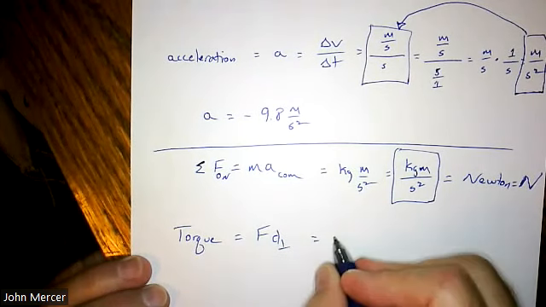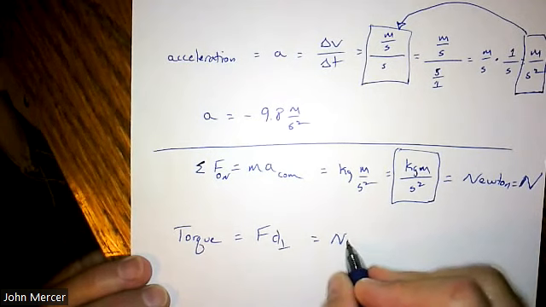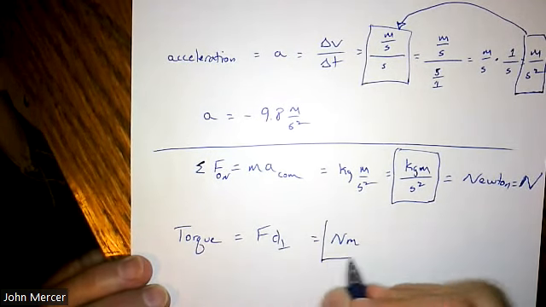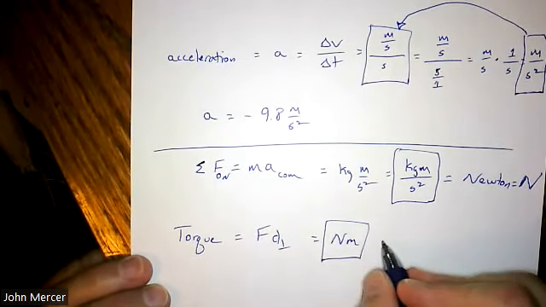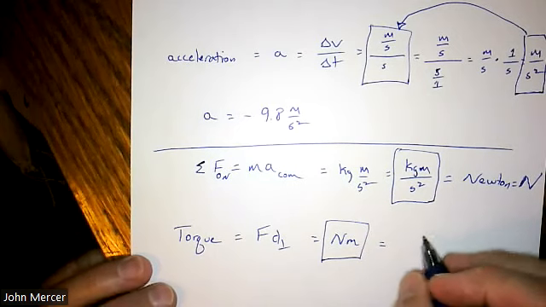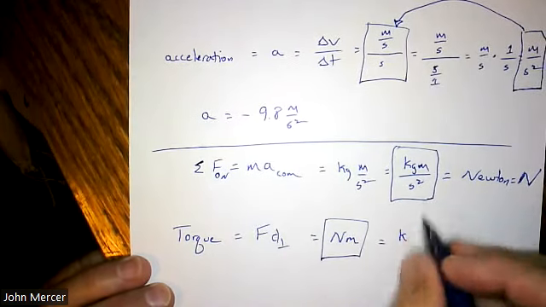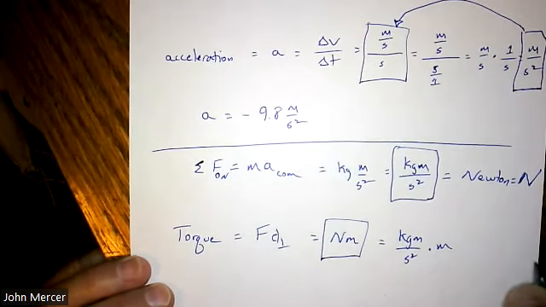We have force units, which are newtons, times d, which is a moment arm, and that has units of length, and units of length will be meters. Well, there are our units for torque. Now, if we want to derive this a little bit further and continue with a unit analysis, we could put the units of newtons in there as kilogram meters per second squared times meters.